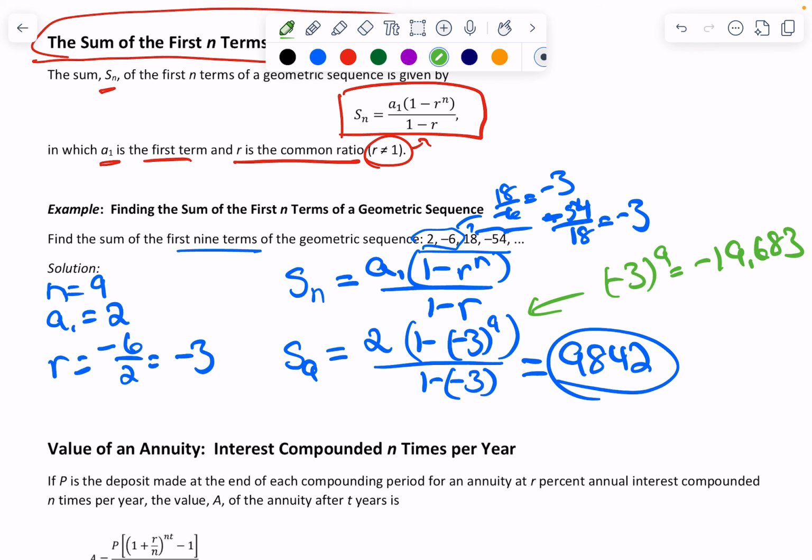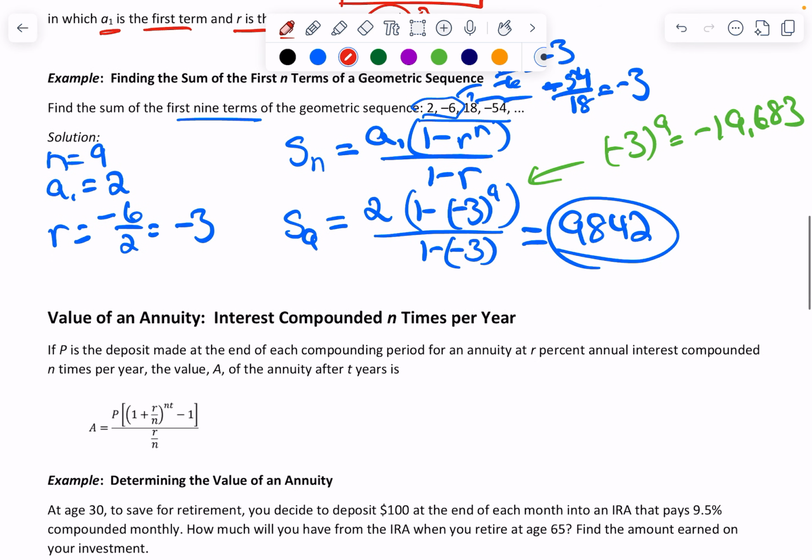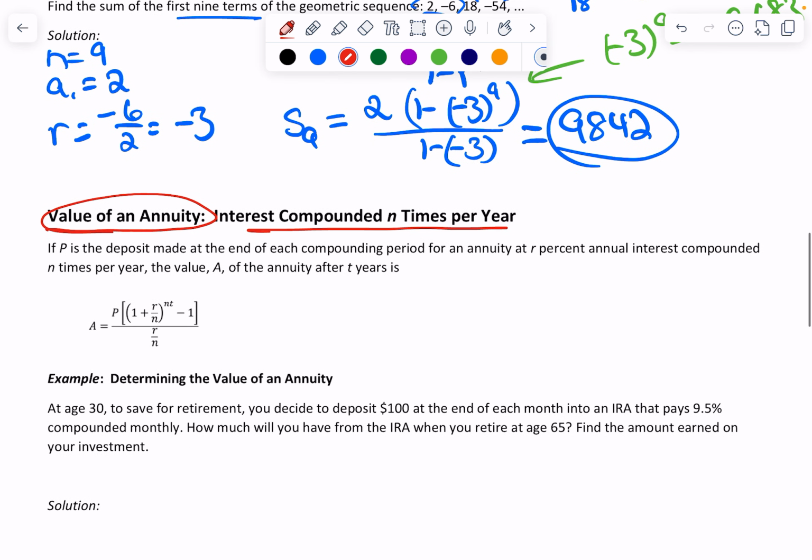Okay, where do we use these? Value of annuity. So interest compounded n times per year. So P is the deposit made at the end of each compounding period for an annuity at r% annual interest compounded.